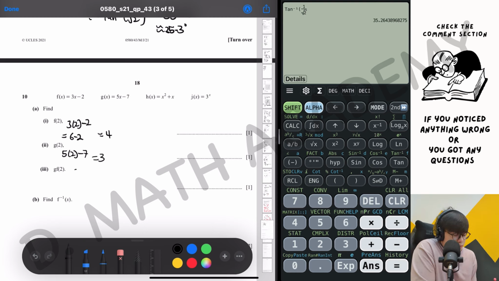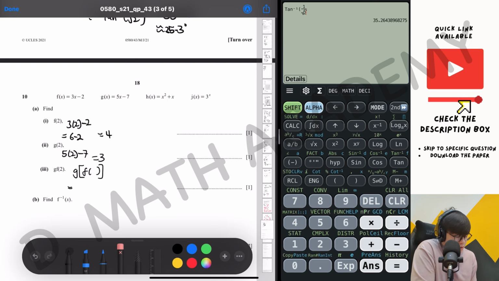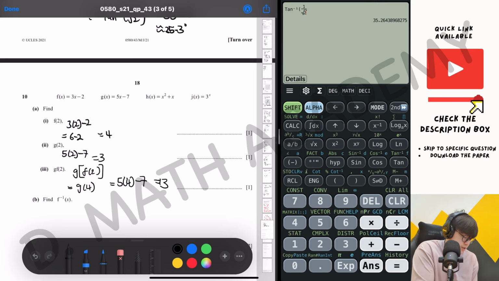So remember, for this type of question, it's actually referring to this. We already calculated our f2 actually. f2's result was 4. So substitute this 4 into 5 times 4 minus 7. You get your answer as 13.